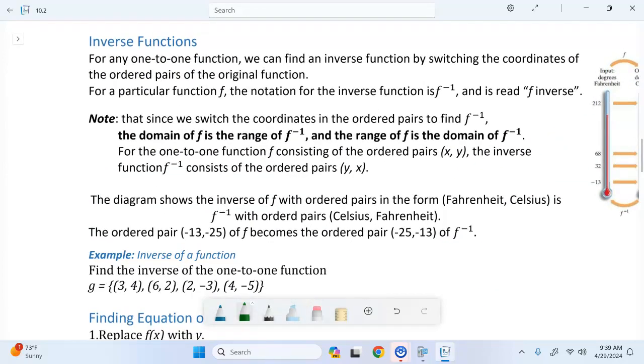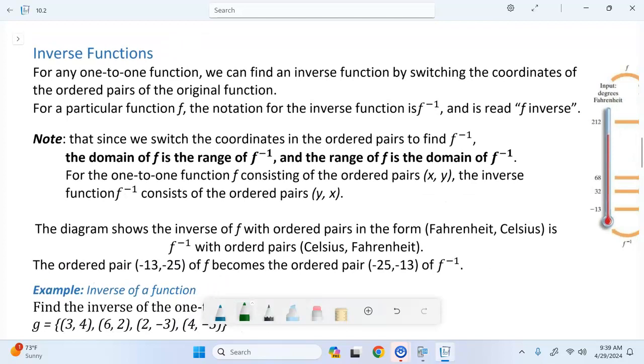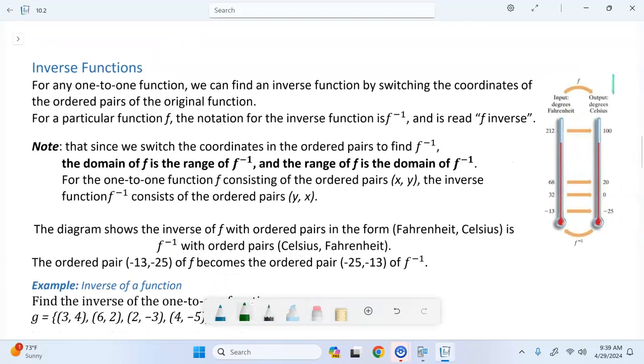Now, once we've identified that they're one-to-one, we have this relationship called inverses. Any one-to-one function, we can find its inverse by switching the x and the y coordinates. Switch the input and the output. So when I'm looking at conversions of Celsius and Fahrenheit, I can convert from Fahrenheit to Celsius by inputting a Fahrenheit and I output a Celsius.